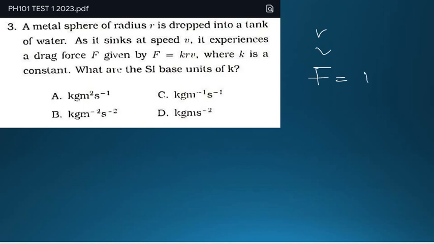The force is given by k r times v, and you have been asked to find the units of k. So to find the units of k, we make k the subject of the formula. We divide by r times v. This and this we are going to cancel, and k is going to remain as F over r times v.